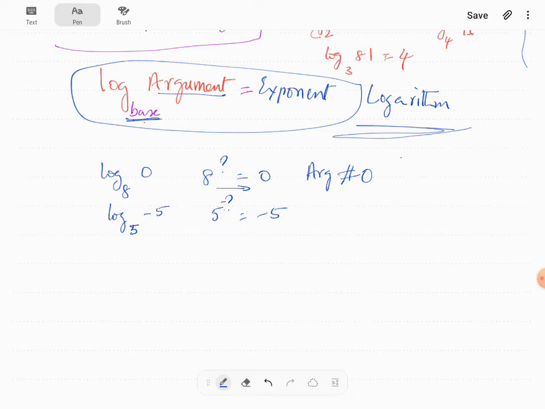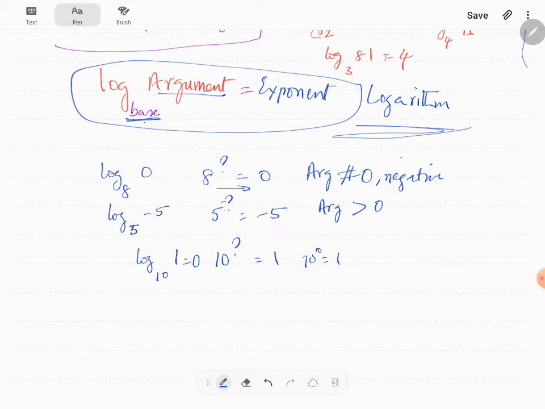So the argument cannot be negative either. So in other words, I can safely say the argument must be greater than 0. Okay, can the argument be 1? If I say log 1 to the base 10, it's like asking 10 to the power of what is 1? Yes, there is an answer for this. 10 to the power of 0 is 1. So log 1 always evaluates to 0. So it is possible to have 1 in the argument.